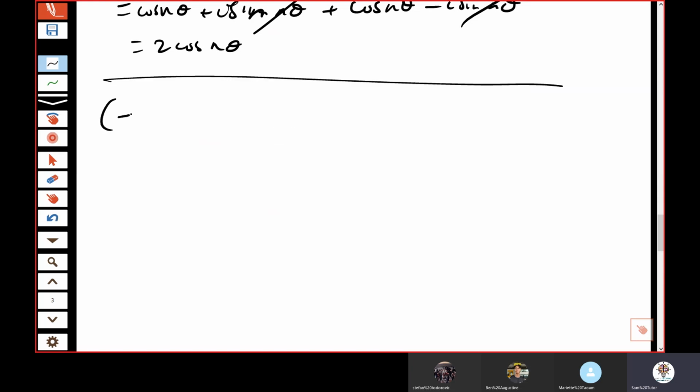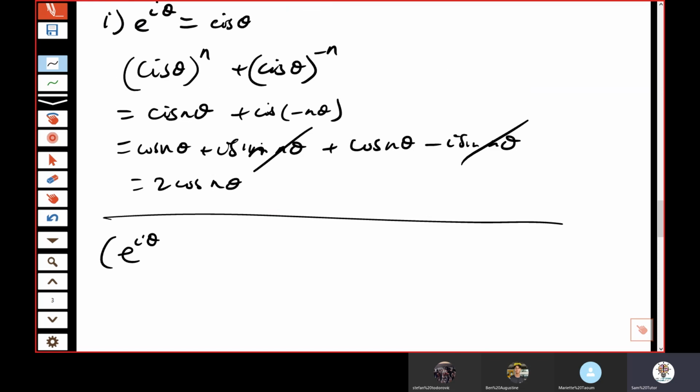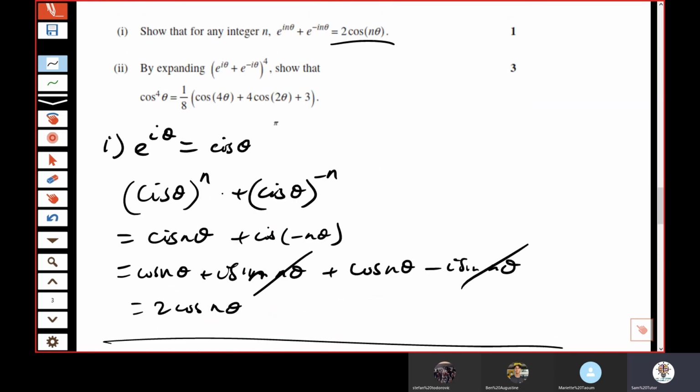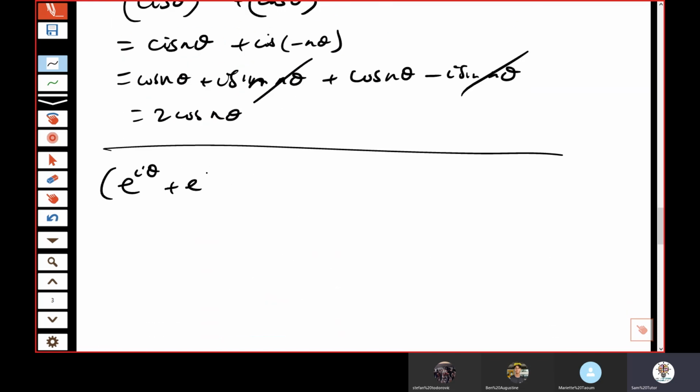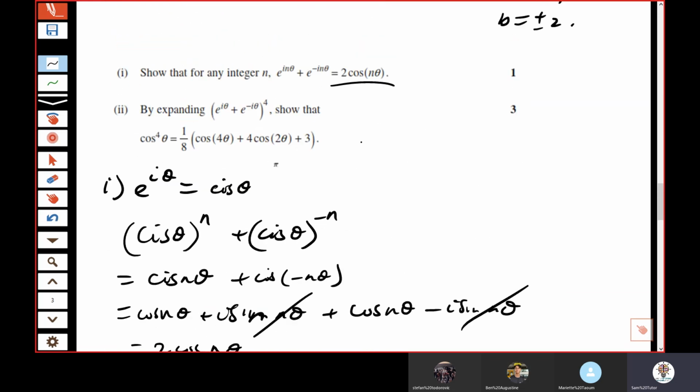So now we know e^(iθ) plus e^(-iθ) is the same as 2cos θ. Would we agree to that? I'm ignoring the n because this doesn't have an n.